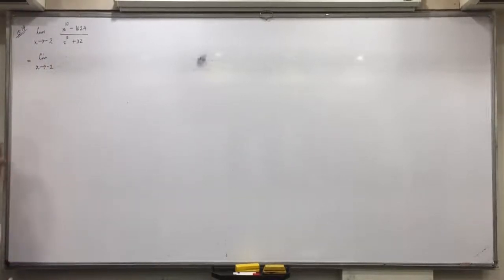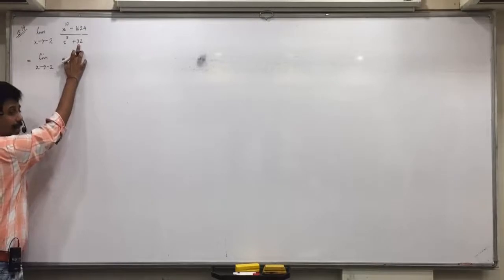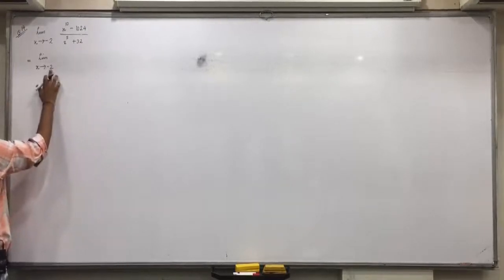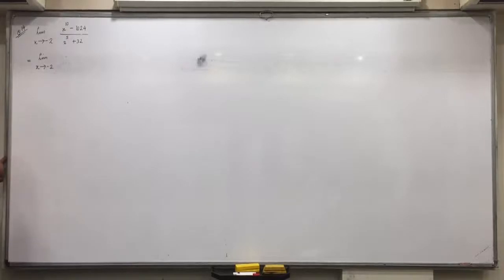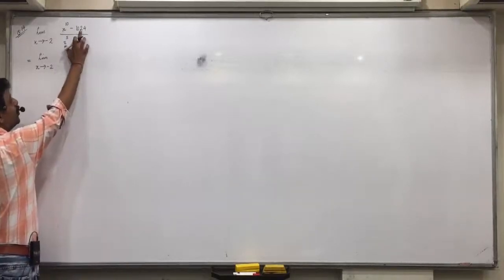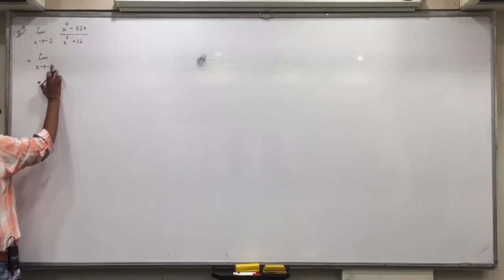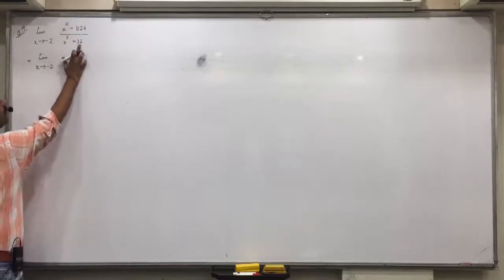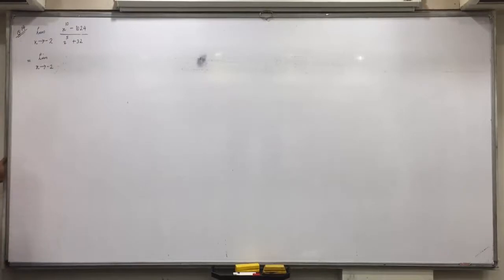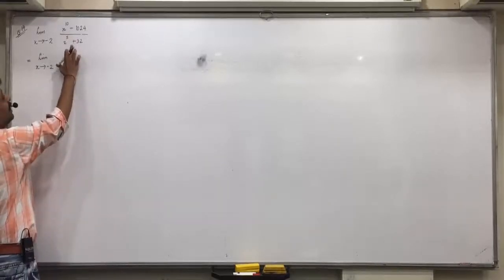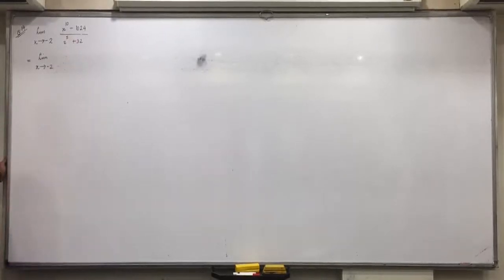Got it? In place of 32, you will replace minus 2 raised to 5. And you will always use minus sign in between, even if plus is given.